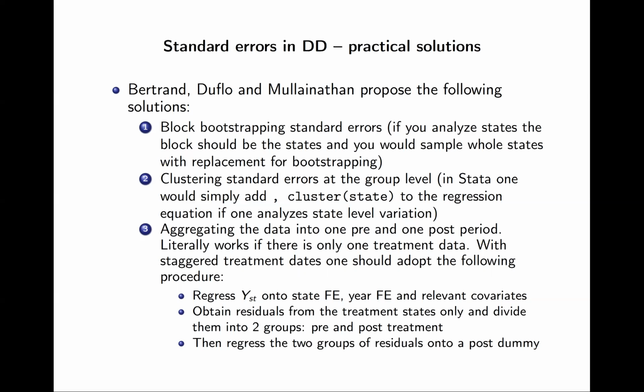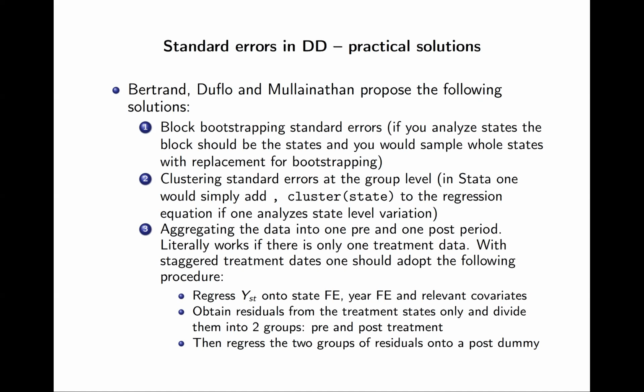So you regress Y on two-way fixed effects and estimated covariates. You then get the residuals, but only for the treatment group, and divide them into two groups, the post group and the pre group. Since it's differential timing, the post group differs year to year and the pre group differs year to year, but that's okay. Then you regress the two groups of residuals onto a post dummy, but you're not going to use the residuals from the control group.